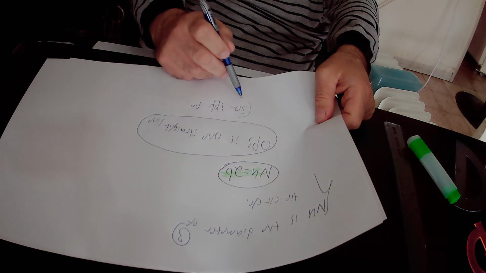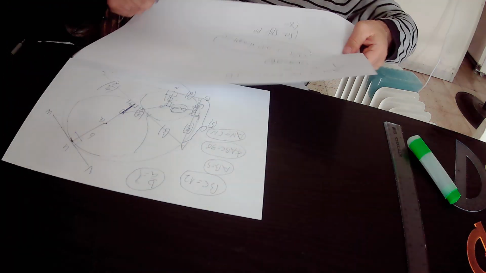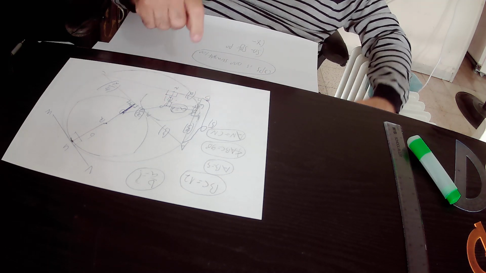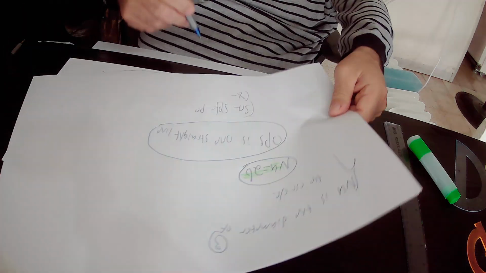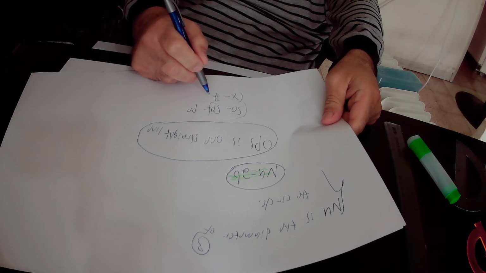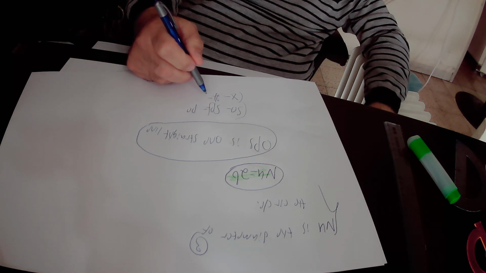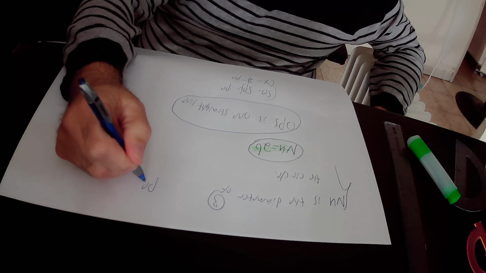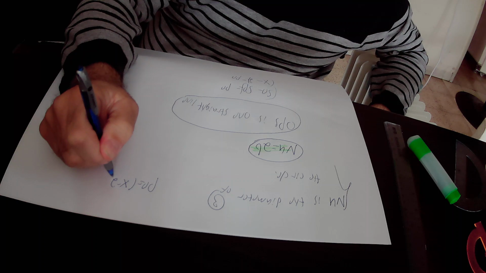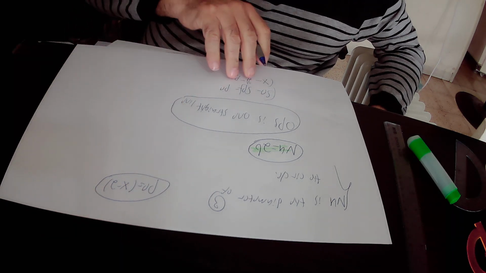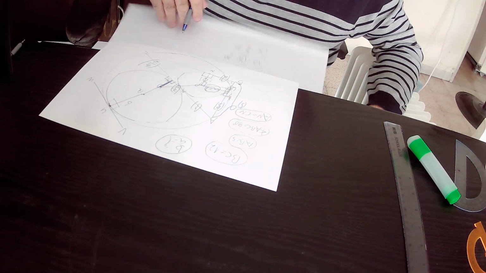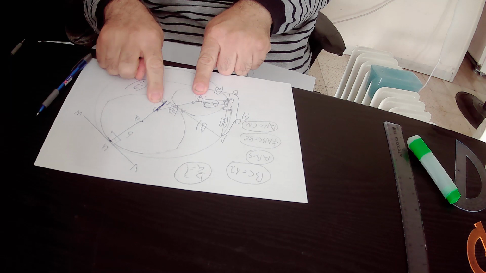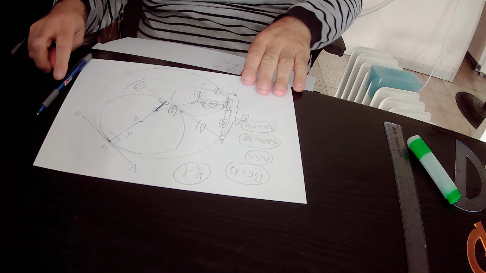So we substitute SO by X. We already found out that SP is the radius of this circle that is equal to 2 units. We substitute SP by 2. So in total we found out that PO equals X minus 2. This line segment PO equals X minus 2 units in its length.